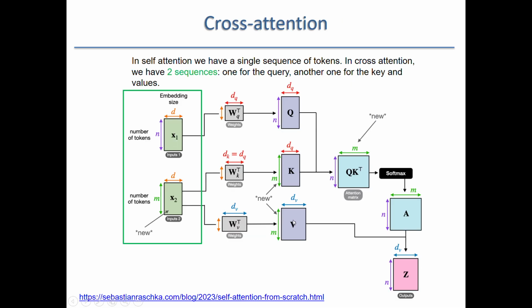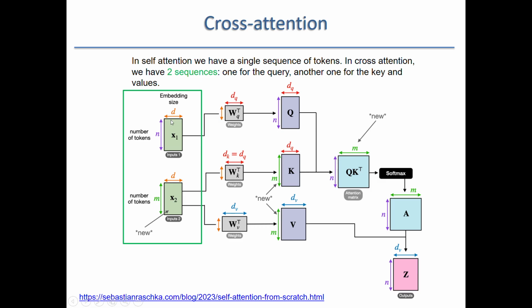And then you could have cross attention. Before we had a single sequence of tokens. In cross attention, we have two sequences of tokens. This is very useful when you are doing translation between languages. So you have a sequence of tokens coming from one language, another sequence of tokens coming from the other language.